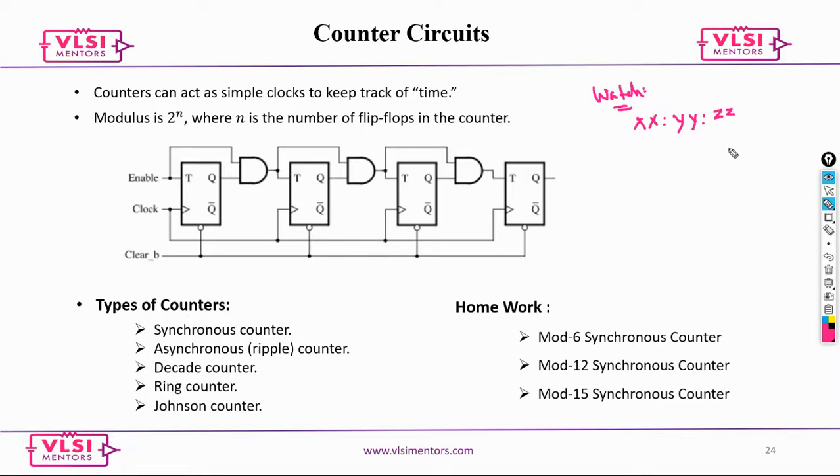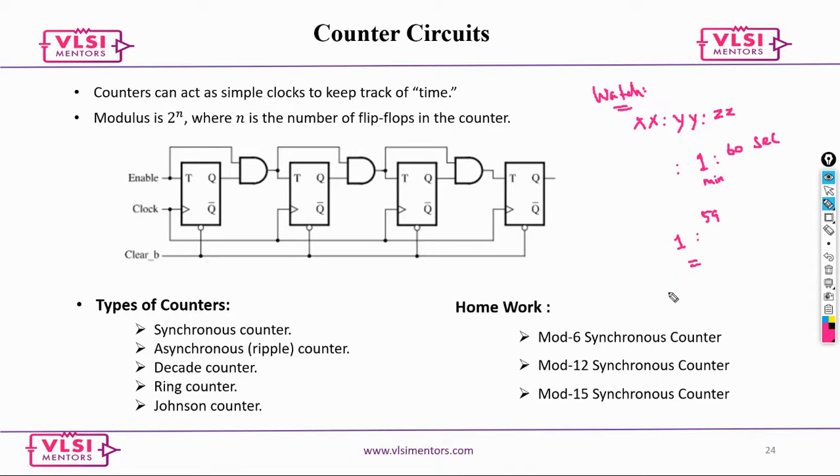After 60 seconds, correct? 1 minute. Seconds go 0 to 59, and then it turns to 0 again, and the minute is increased by 1. Now, when your minute reaches 59, what happens? Your hour gets increased by 1.